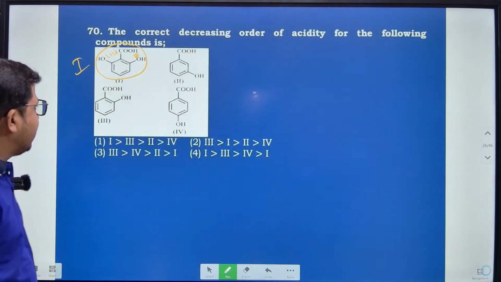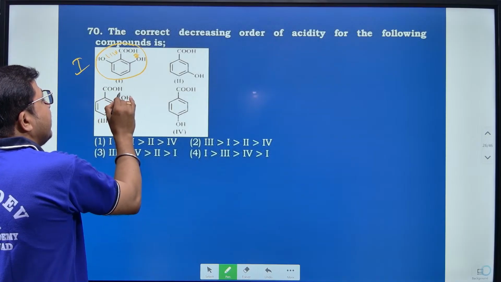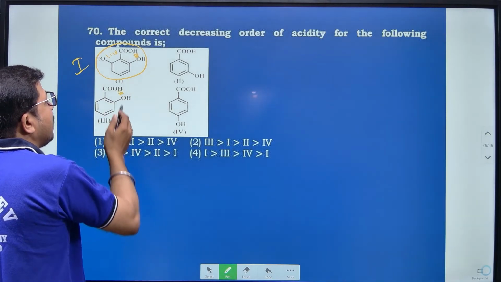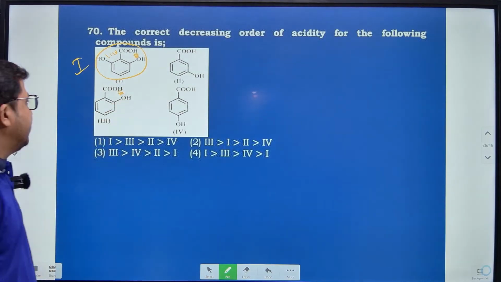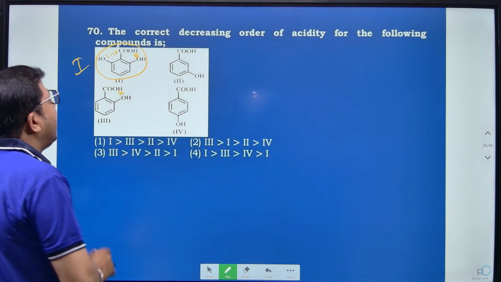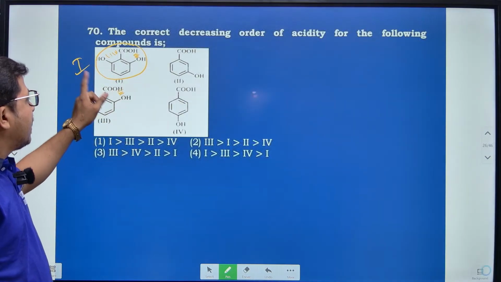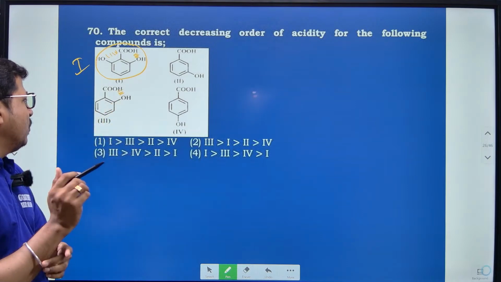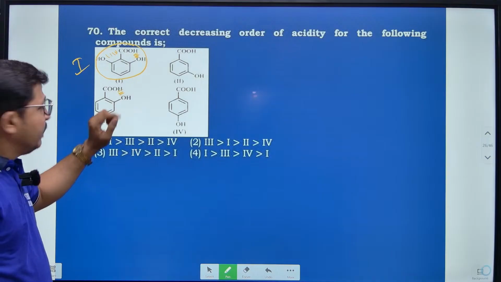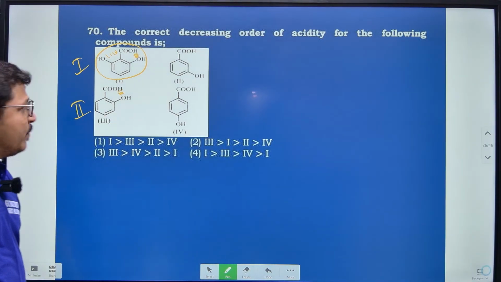And later, the third option is also having intramolecular hydrogen bonding. 2-hydroxybenzoic acid also forms intramolecular hydrogen bonding with the carbonyl, and that is the OH oxygen. Therefore, this will come in the second position.